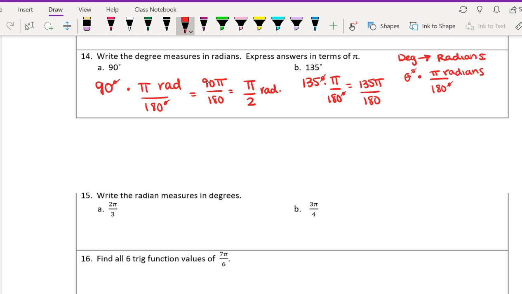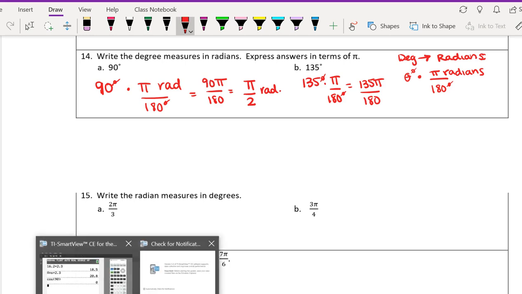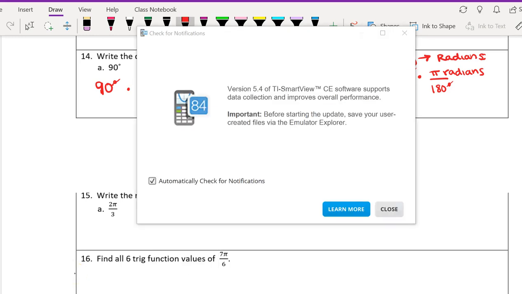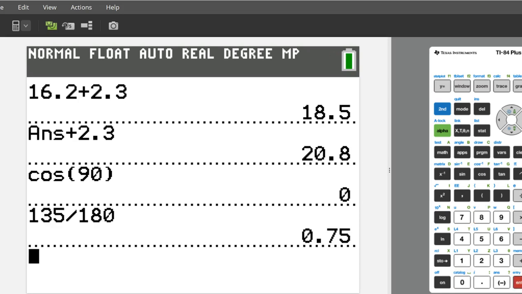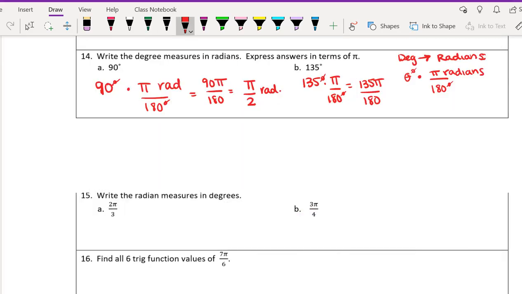If we convert 135 divided by 180 into a fraction, it's 3/4. So this is equal to 3 pi over 4 radians.